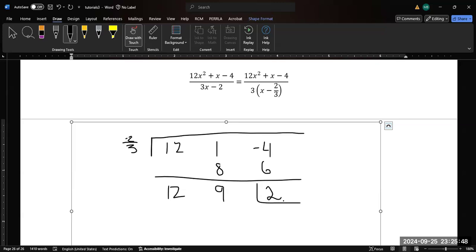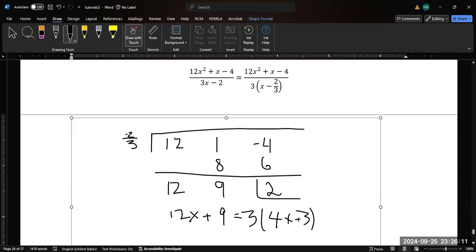So this doesn't divide evenly either. I have a remainder. This is going to be 12x plus 9. And so what I can do is I can take my 3 out. 4x plus 3.